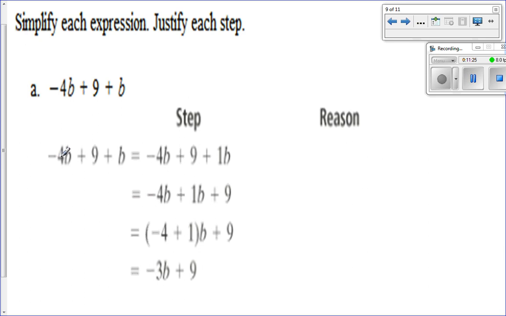So I noticed that I went from negative 4b plus 9 plus b to negative 4b plus 9 plus 1b. Notice I changed this to 1 times b. That's going to be the multiplication, or the identity property of multiplication. I just represented multiplication with an x because I don't have a lot of room to write over here.